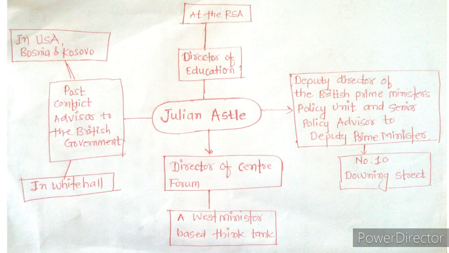The next was Director of Centre Forum, a Westminster-based think tank. Next, post-conflict advisor to the British government in Whitehall and in Bosnia and Kosovo. So this is the mind map of Julian Astle.